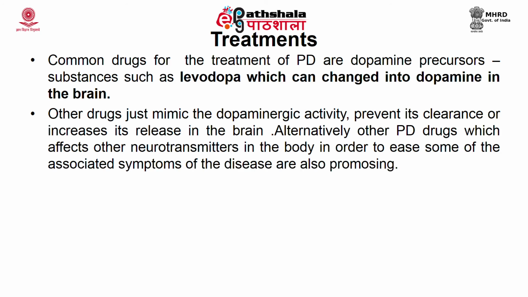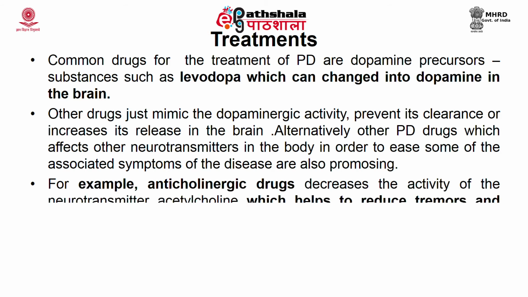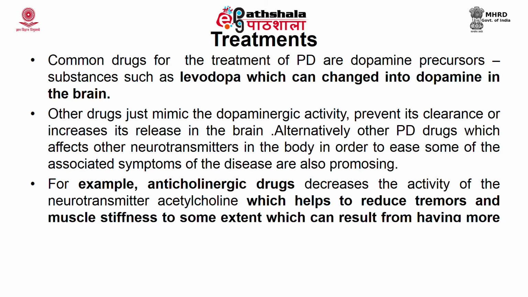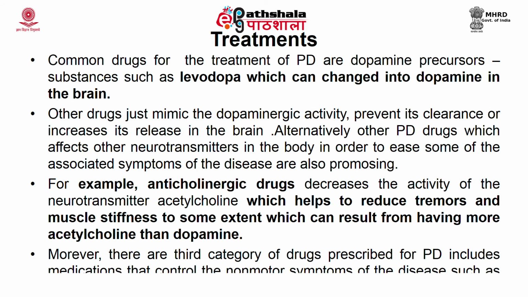Besides this, the treatment of PD includes anticholinergic drugs, because they help to reduce tremors and muscle stiffness to some extent. This is because the brain may have more acetylcholine than dopamine. Today, there is also a third category of drugs, which includes medications that control the non-motor symptoms of the disease such as depression.